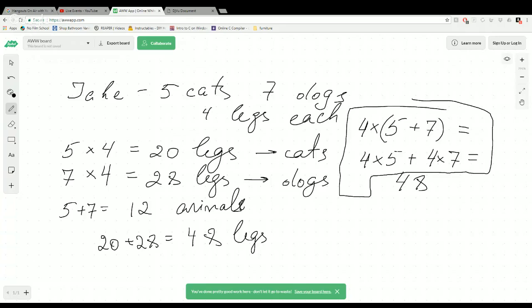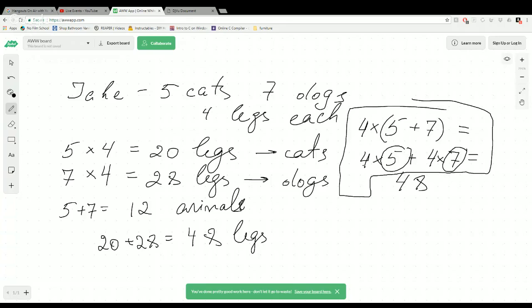In the second example, I divide my animals into 2 groups. That's the key to distributive property: you divide this into groups. First group are my cats, and for each cat I have 4 legs. Then the second group is the dog group, and for each of those I have 4 legs. I add the total number of legs in each group, and I get the same 48.